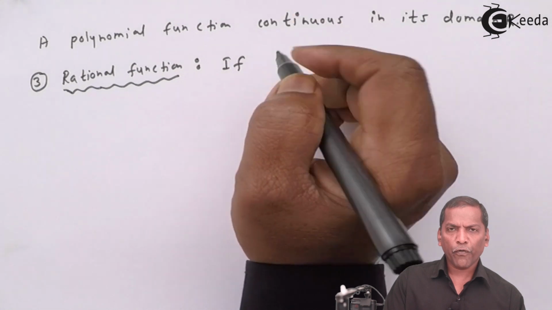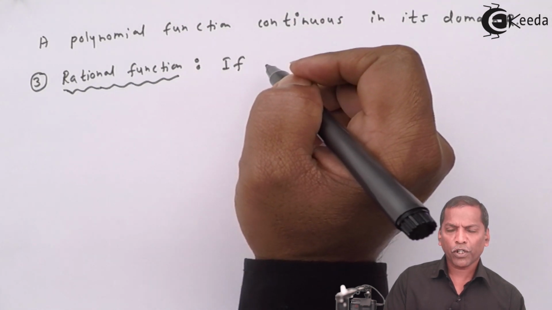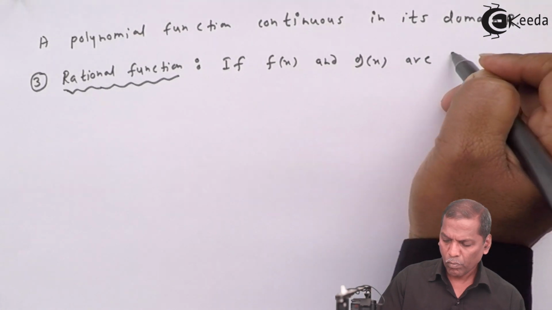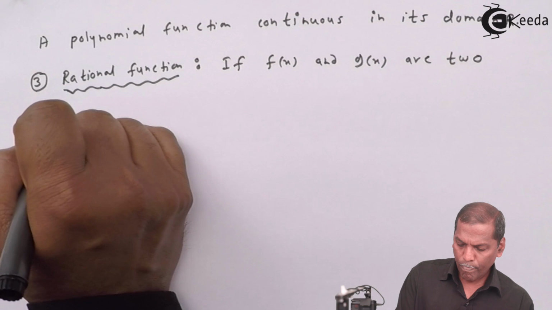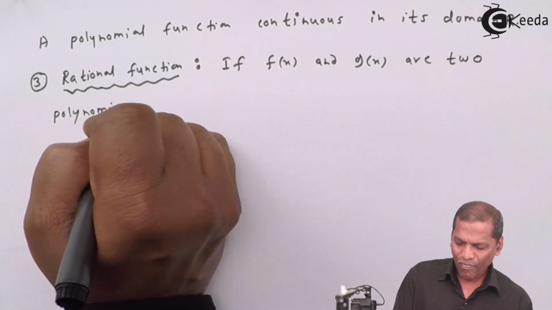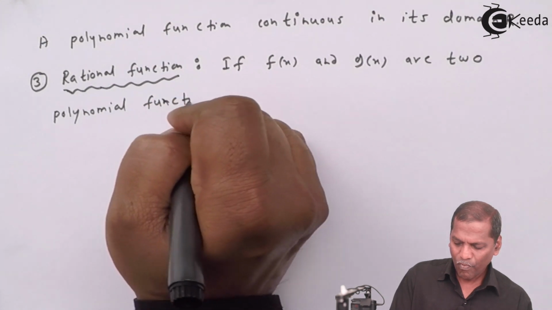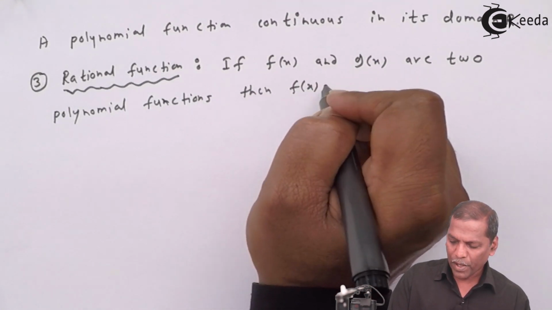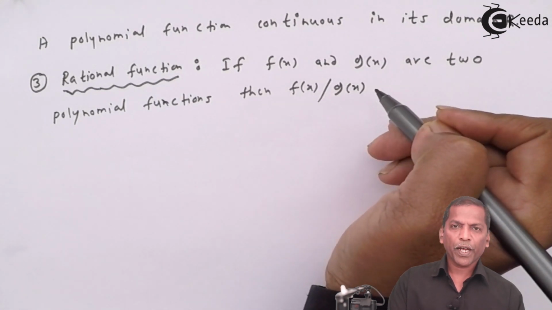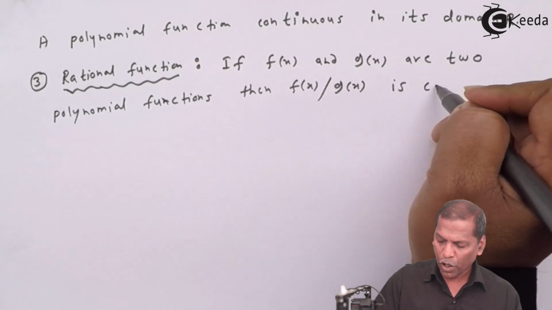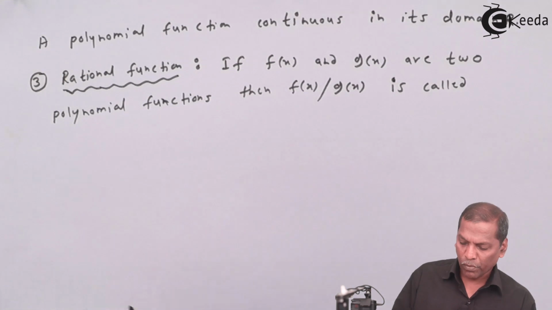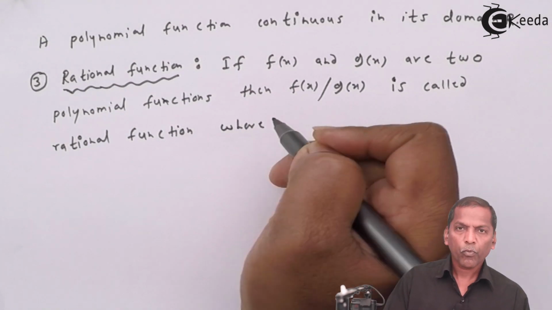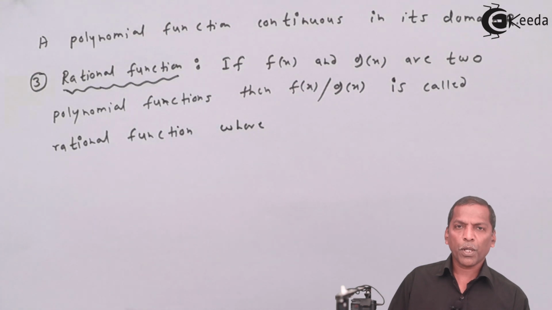If f of x and g of x are two polynomial functions, then f of x upon g of x is called rational function, g of x is not equal to 0.